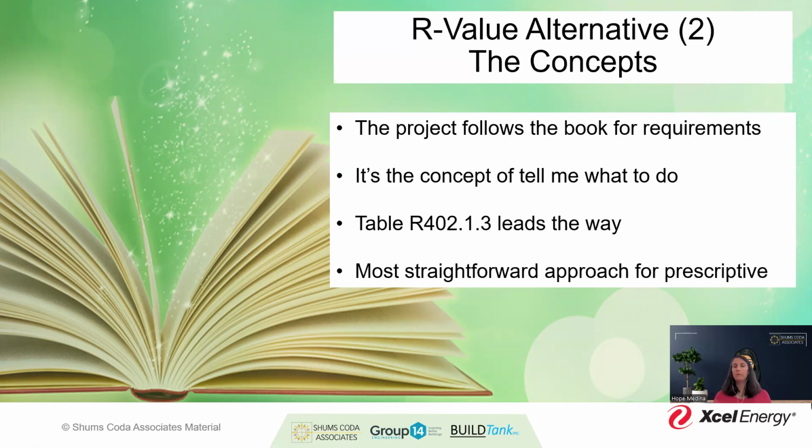That's what we're going to do. It's really very straightforward. And you're really going to follow everything that you find within the table R402.1.3. Now, whereas the U factor table, that's the maximum that you're going to do. When we go into the R value, that R value is going to be the minimum that you can do.